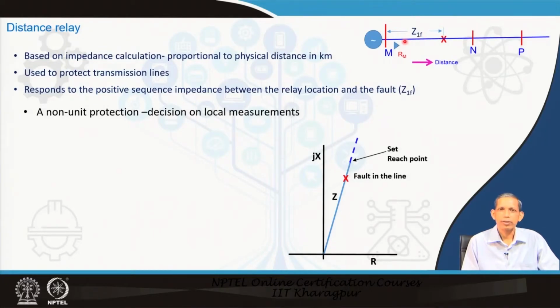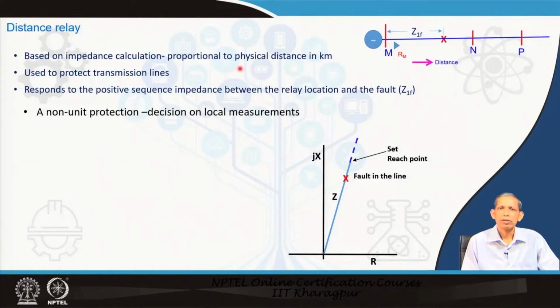Then it decides whether the corresponding fault is inside the line or beyond the line, and makes a decision accordingly. So, using the voltage and current information, the distance relay finds the positive sequence impedance up to the fault point and then decides whether that fault is inside the line or beyond the line.